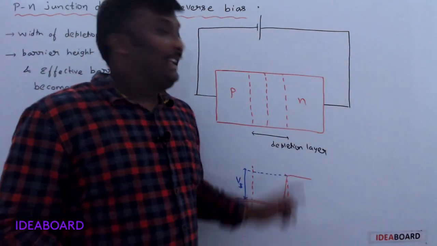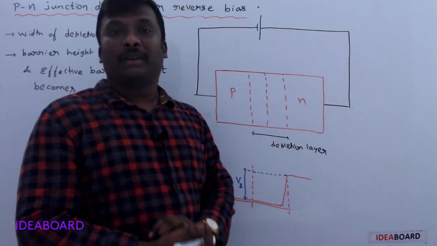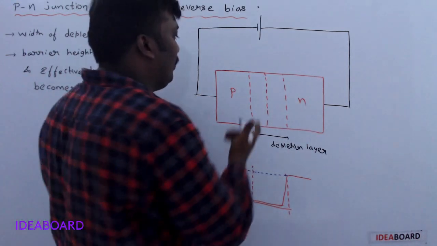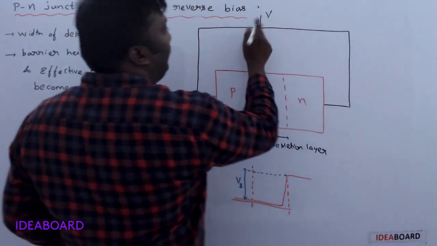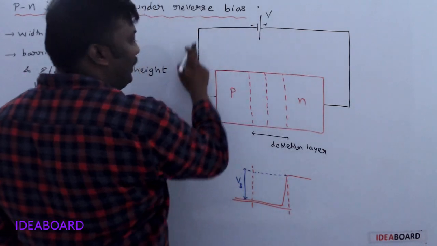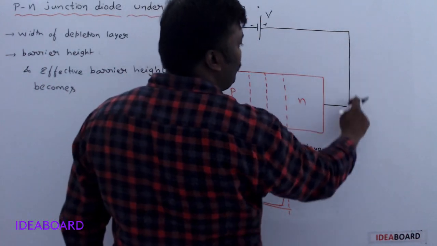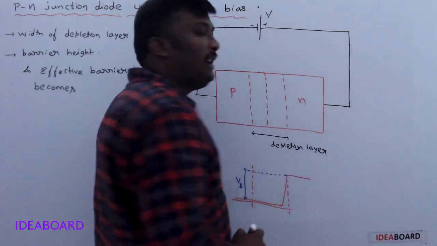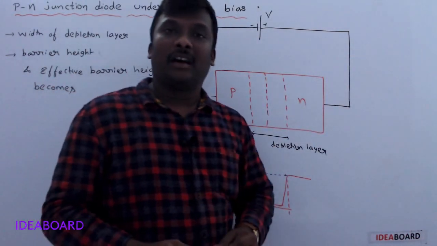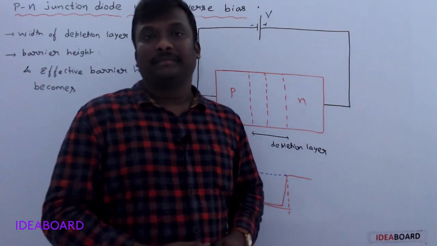Then it is said to be in reverse bias. Okay, what is reverse bias? Battery negative terminal connected to the P side and battery positive terminal connected to the N side is called reverse bias.